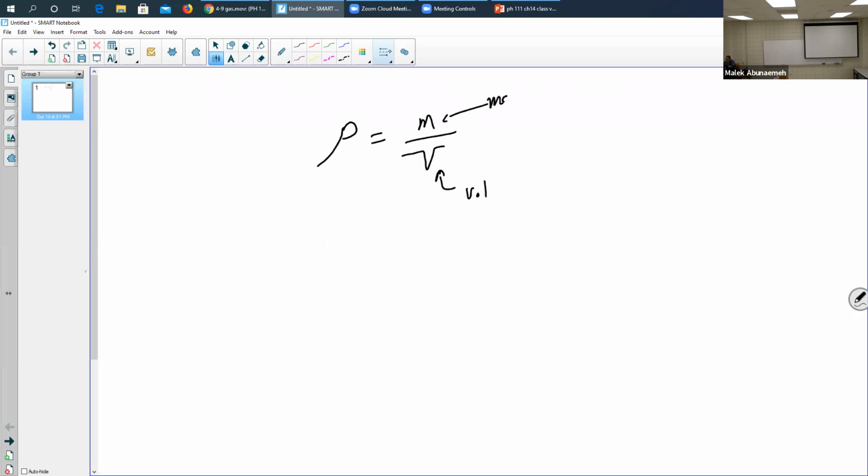M is your mass, and your density is your rho. So your density of the material is your mass per unit volume. That means in terms of units, it's going to be kilograms per meter cube.